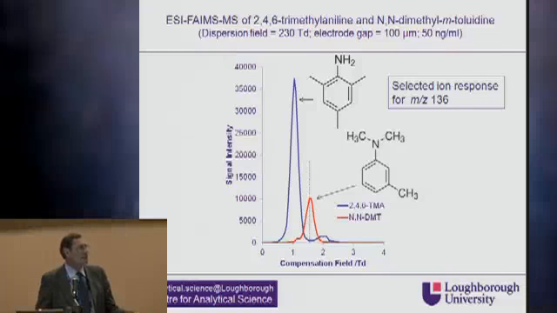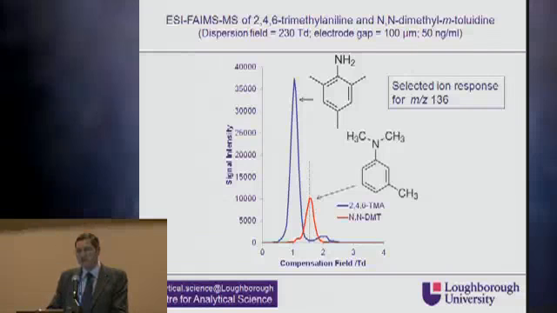This is the natural intensity abundance for equimolar amounts of these two compounds. If we select the appropriate compensation field, we can in principle transmit selectively one of those components in the presence of the other. For example, if we go here to around 1.5, 1.6 Townsend in our compensation field, we can transmit the N,N-dimethyltoluidine selectively in the presence of the aniline species.